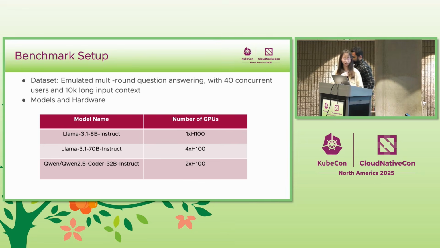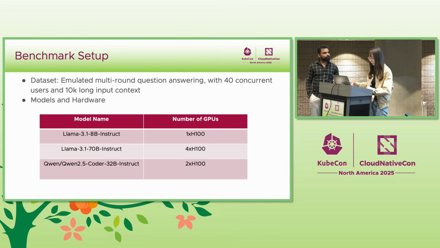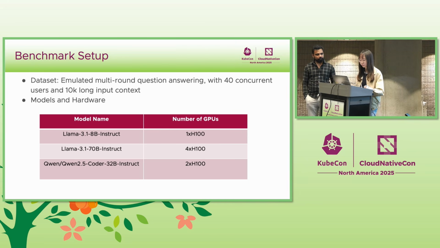Okay, thanks, Suraj, for giving the high-level overview of what LMCache is. So now I'll talk about some real benchmarking results that show how LMCache can improve the performance of LLM inference. For the setup, we use emulated multi-round question answering. It has 40 concurrent users, and each user asks questions for multiple rounds based on a 10K long input context.